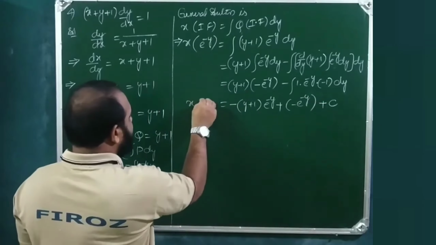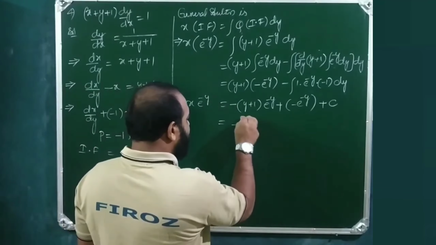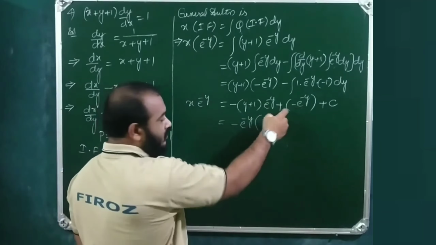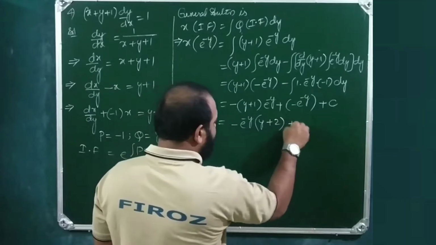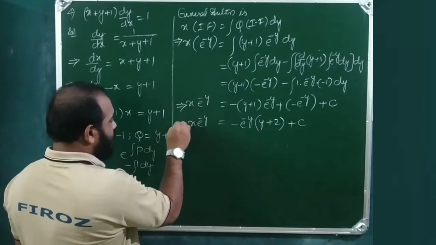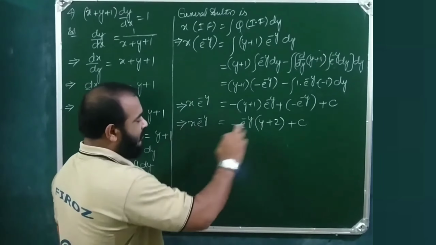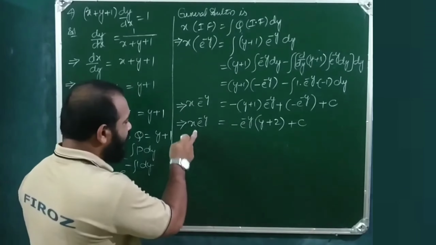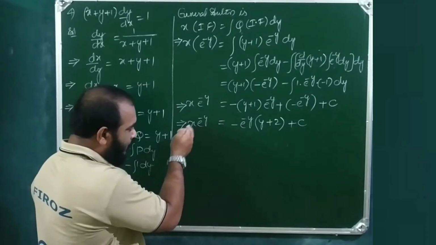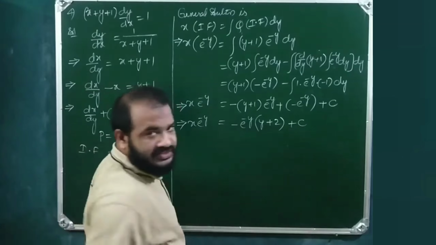This is equal to x into e power minus y. Take minus e power minus y as common in both of them. Then y plus 1, plus its quotient 1, so y plus 2, equals c. X into e power minus y equals this. Let us divide the entire equation by e power minus y, or you may understand it as transposing e power minus y to the other side, where it divides this term as well as this term.